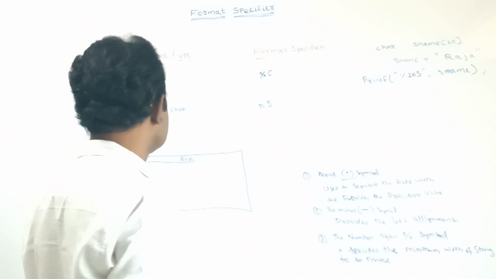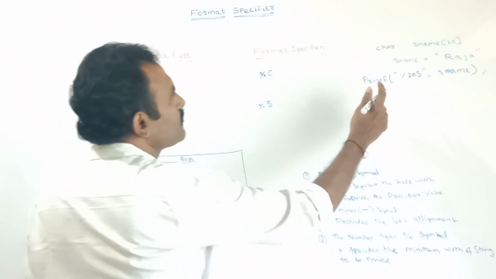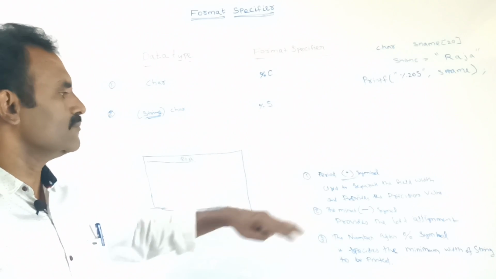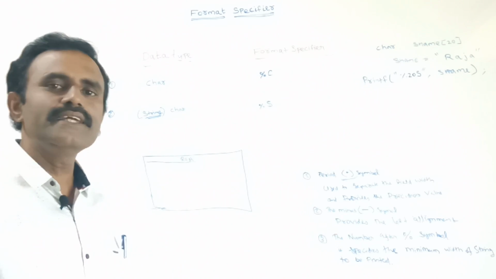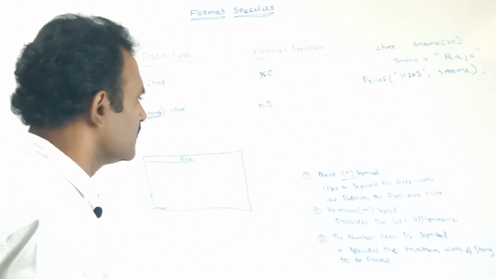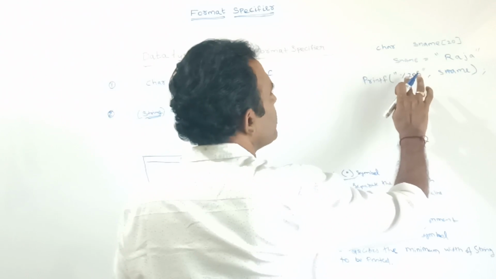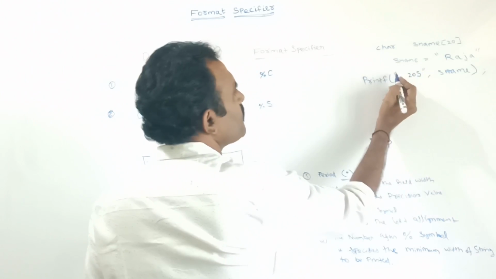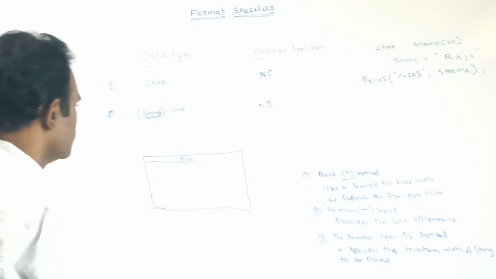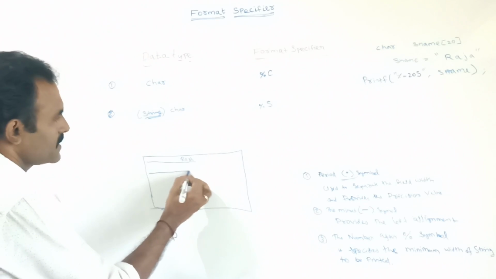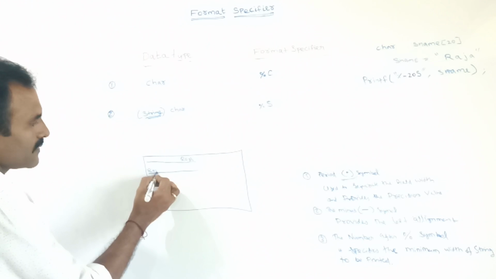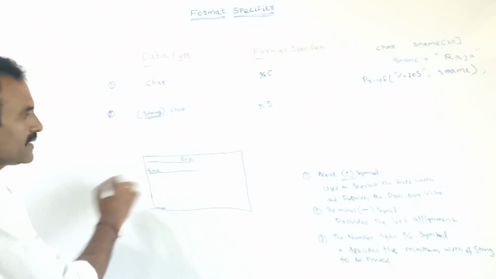Next let us take the minus symbol. Here the minus symbol provides the left alignment, the string will be printed on the left. Here instead of 20, suppose I am giving percentage minus 20, total space 20, within these 20 spaces Raja will be printed on the left side.